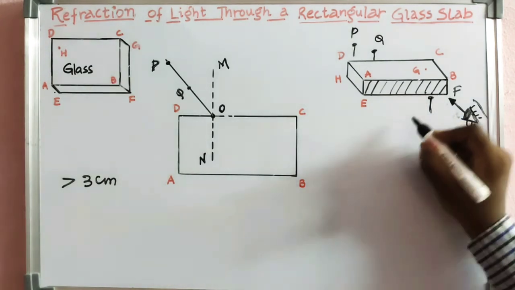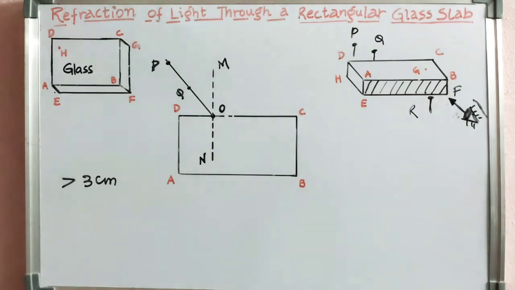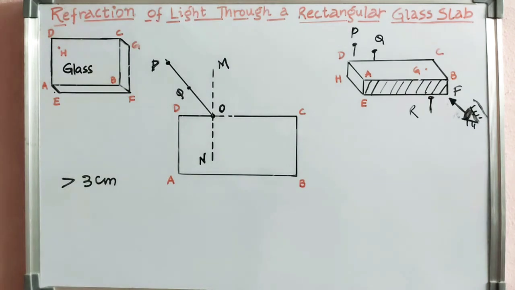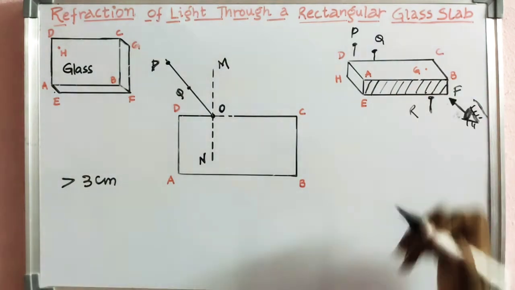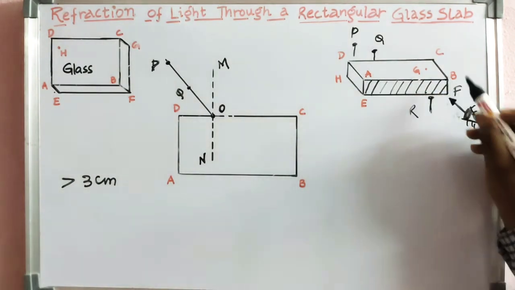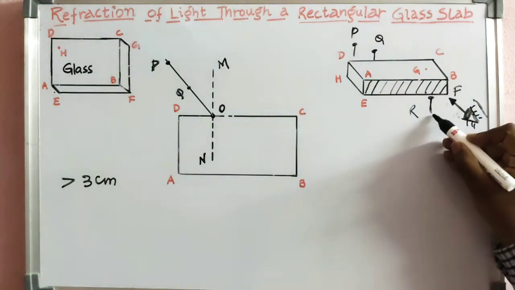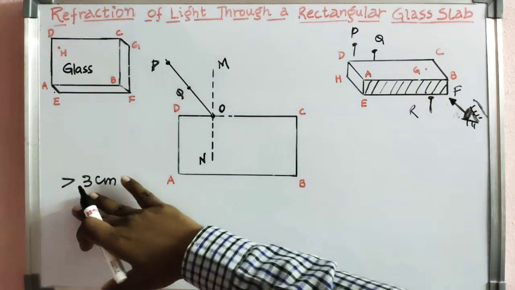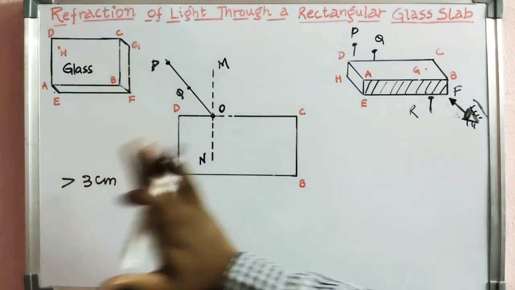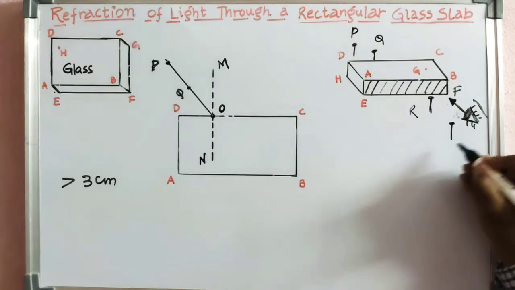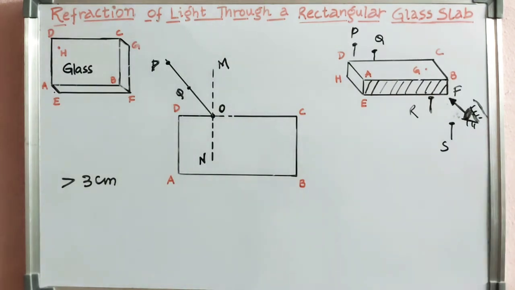Let me name it as R. So this is pin number 3, R. Now P, Q, R, all the 3 pins appear to be in a straight line when I see through A, B, F, E. Clear? And leaving some distance, my suggestion is take it more than 3 centimeter, place another pin S.